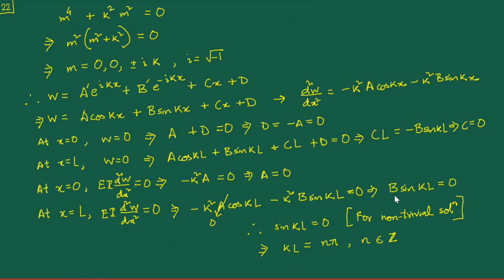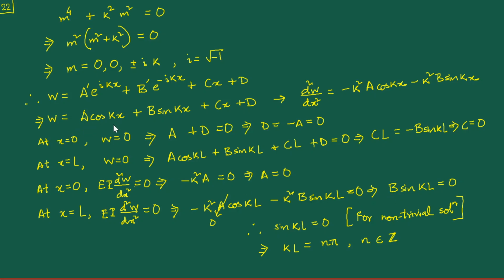You see, this B itself is still unknown. We have only predicted the possibilities of buckling occurring, but we still don't know the specific answer to our deflection, because until and unless we know the value of B, we do not know what W is.